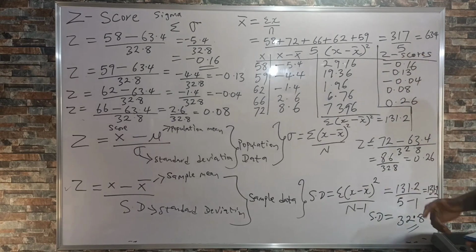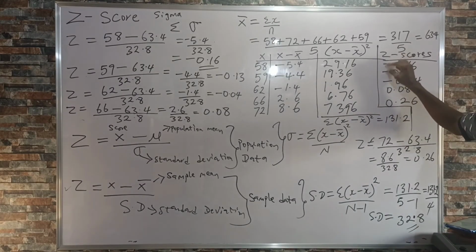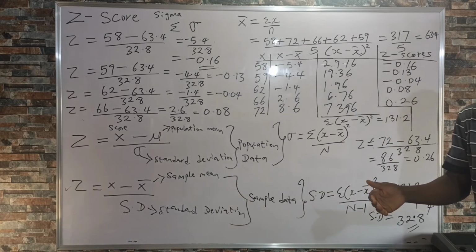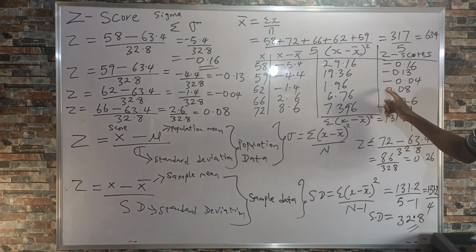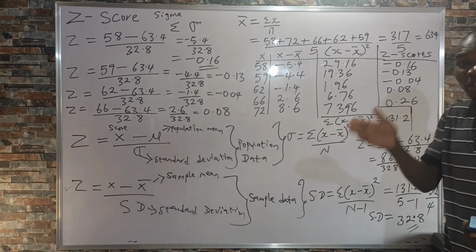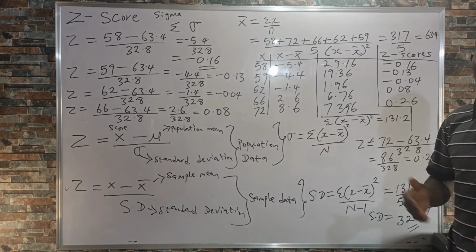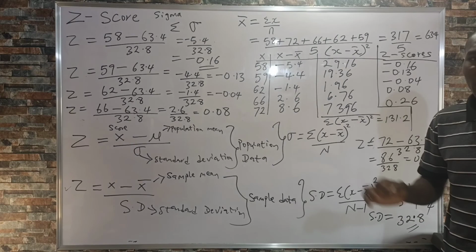Take note that whenever you have a standard score of negative value, it simply means that your score value is below your mean value. While whenever you have positive values like what we have as 0.08 and 0.26, it simply means that your initial score is above your mean value. This can easily be seen when you plot or sketch it on your graph.